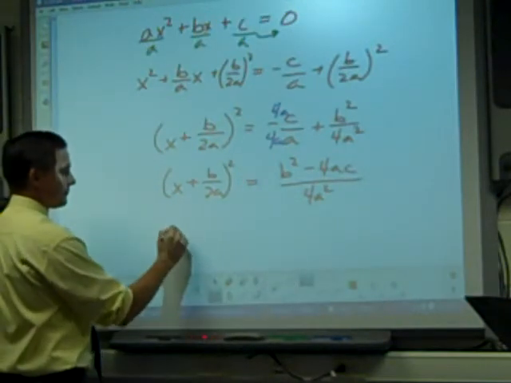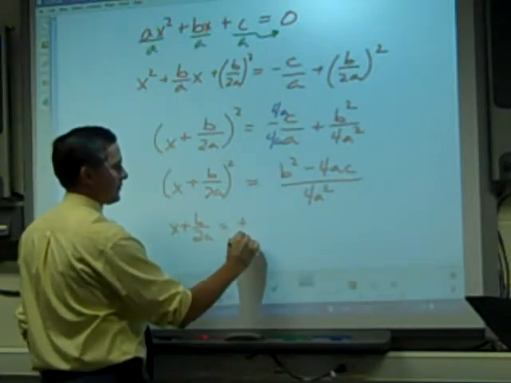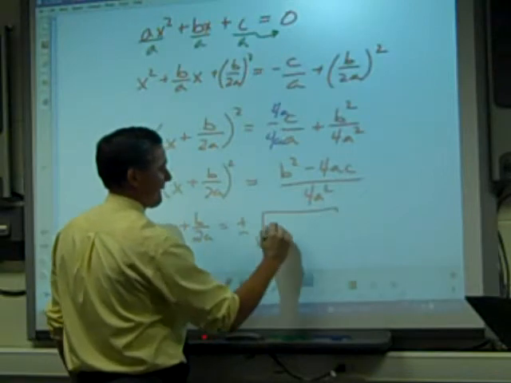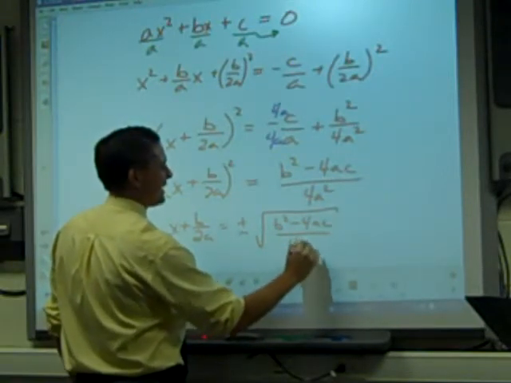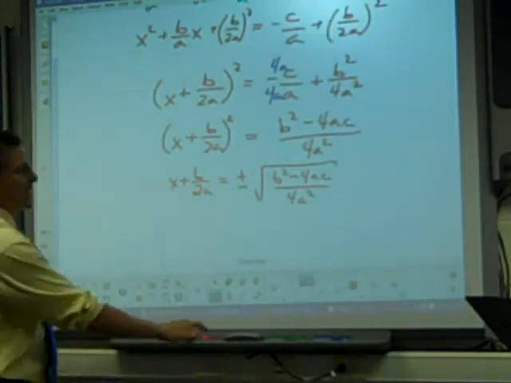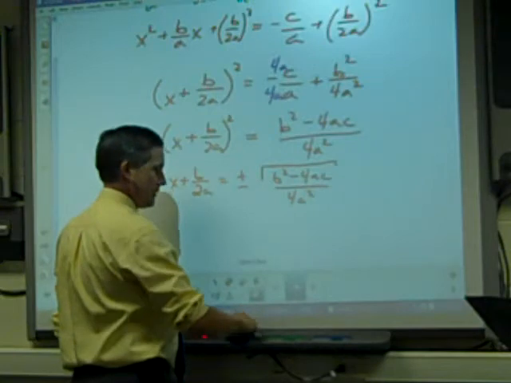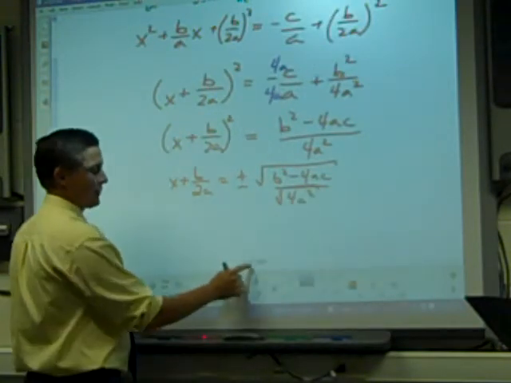Take the square root. Remember, when I take a square root of the entire thing, I can take the square root of the top numerator and the bottom denominator separately.